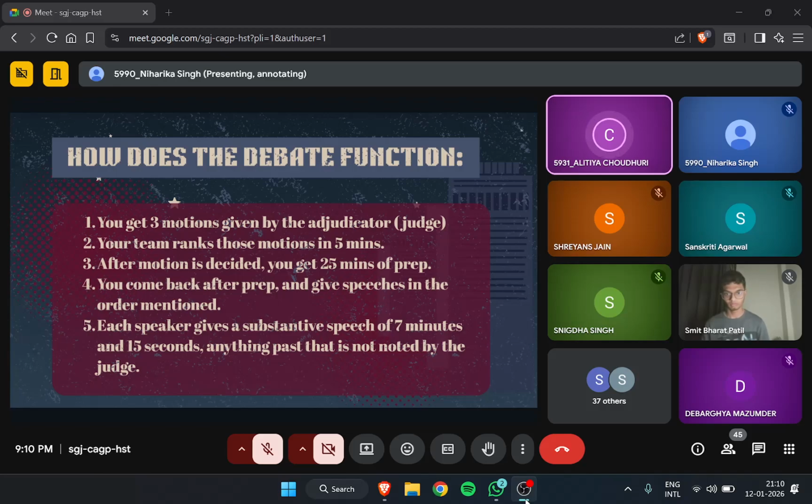After you complete your prep, you come back and you give your speeches in the same order that we just mentioned, but also understand each speech is supposed to be of 7 minutes and 15 seconds, but a reply speech is going to be of 4 minutes, which means anything that you say after 7 minutes and 15 seconds for the constructive speeches or anything that you say after 4 minutes and 15 seconds does not get noted, which means the adjudicator or the judge does not make a note of it. So it's a good practice to end by this particular time. Next slide, please, Niharika.